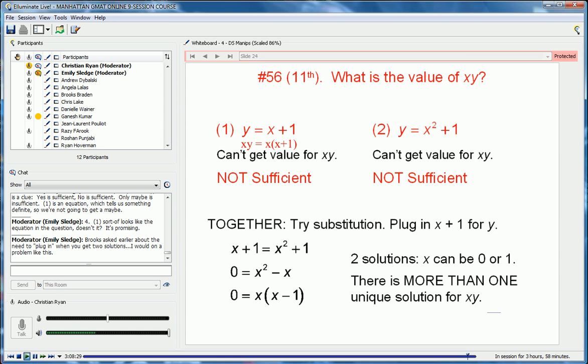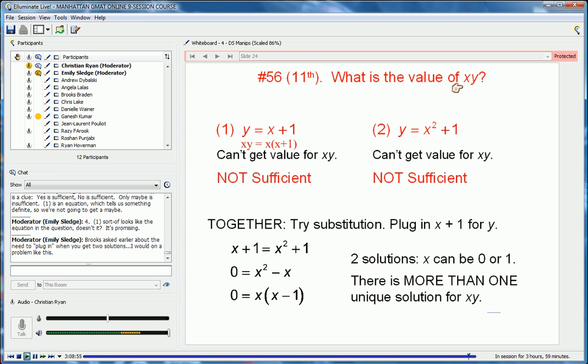One thing that we've seen on some difficult data sufficiencies is that even if you have a couple of different values for the underlying variables, the combo might be single valued. So for instance, if they said, what's the difference of x and y? You would be able to get that from this.